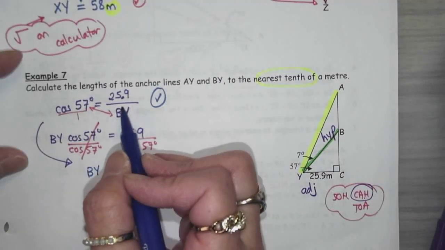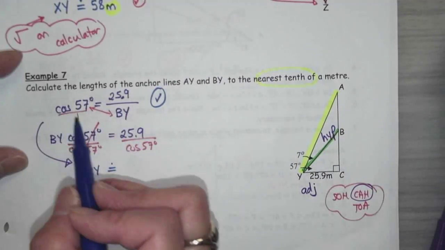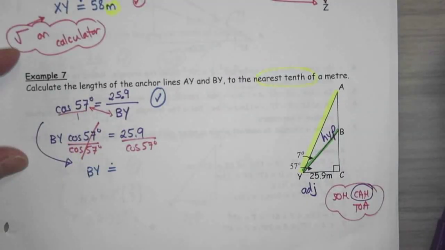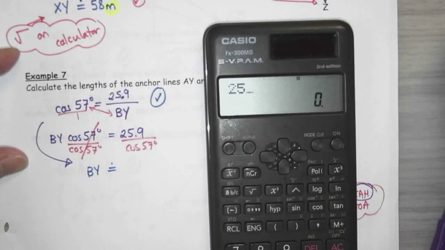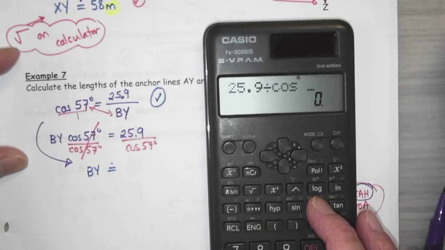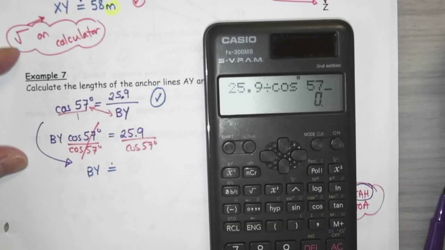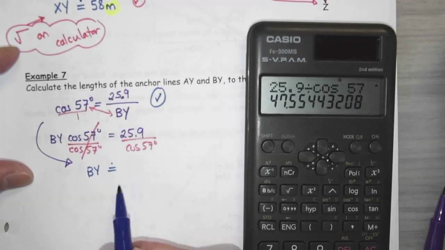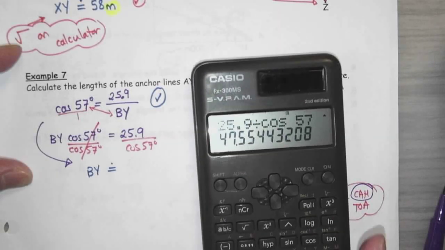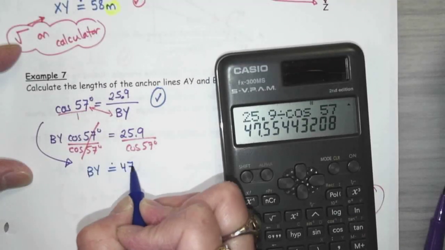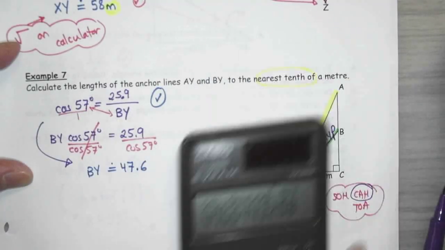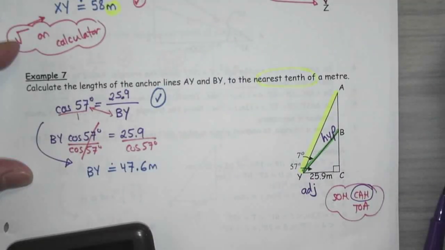So if you're like, I showed you the ratio, can I just bring it up in my head, and I press on my calculator 25.9 divided by cos of 57, and I just get it there. That's okay. Again, grade 11, I'll let you skip the middle step here. And I'm getting tenths. So this one would round, 5 rounds up, to 47.6. And that would be meters.